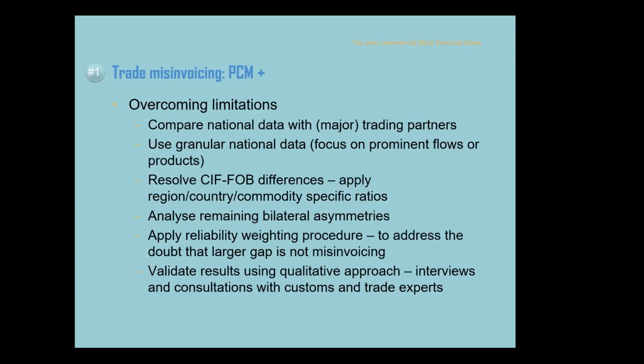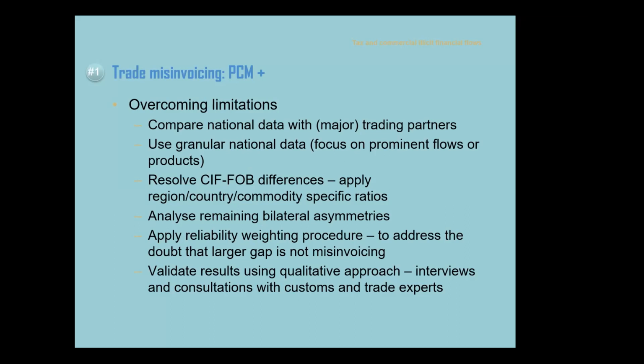So even with those major drawbacks of the method, of course, the method is not redundant, is not useless. Rather, let's try and find out ways how to overcome those limitations, to bring them on board and essentially say, okay, we have a difference, we have a discrepancy in bilateral trade statistics.